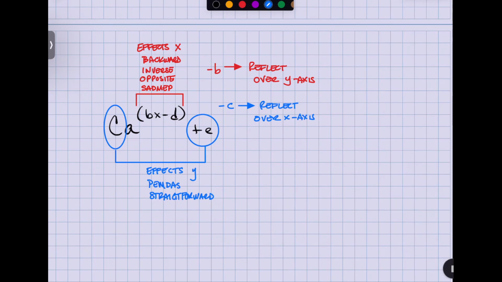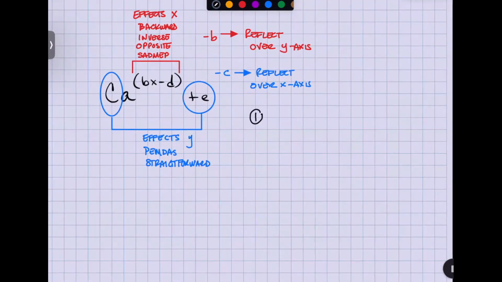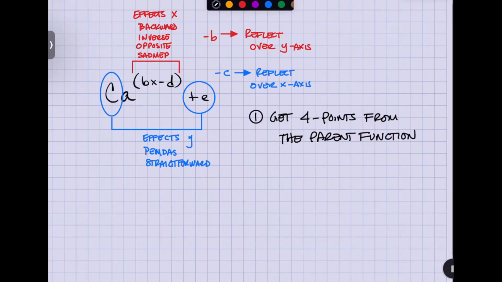So essentially, if you look at it, you'll see there is a transformation there. All right? So whenever we're doing a transformation, we always, number 1, get 4 points from the parent function.